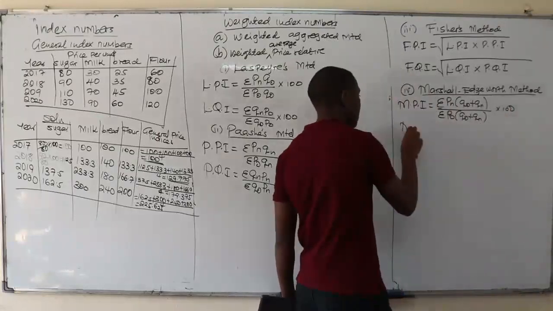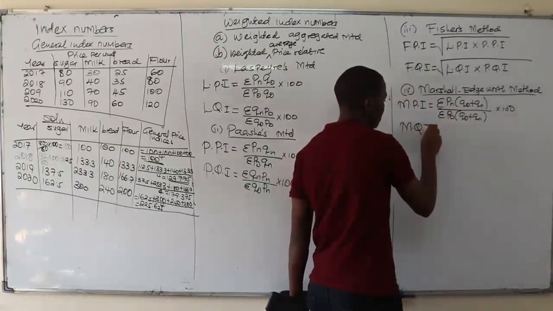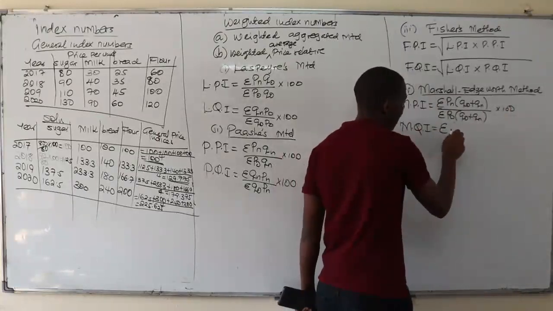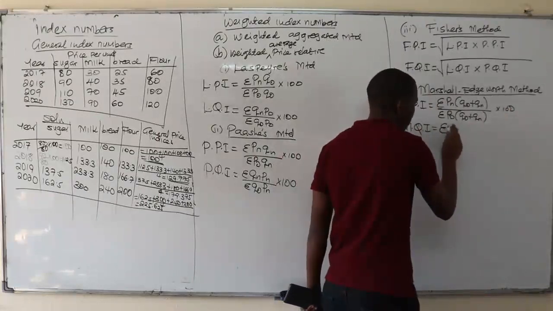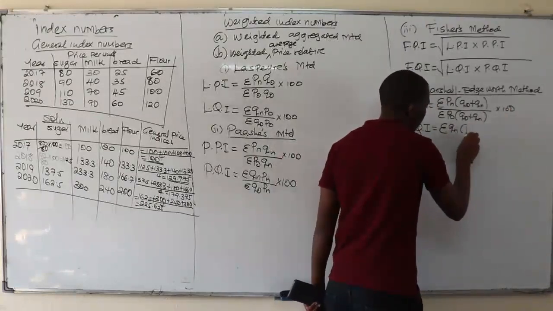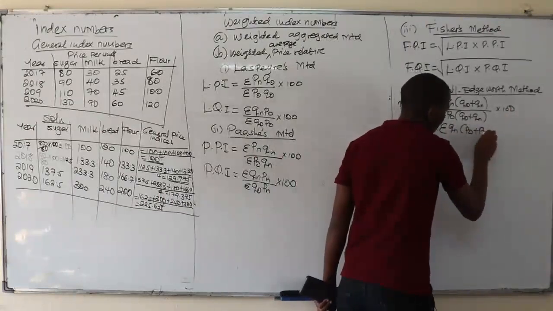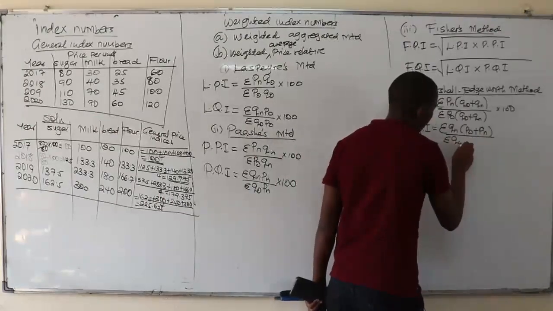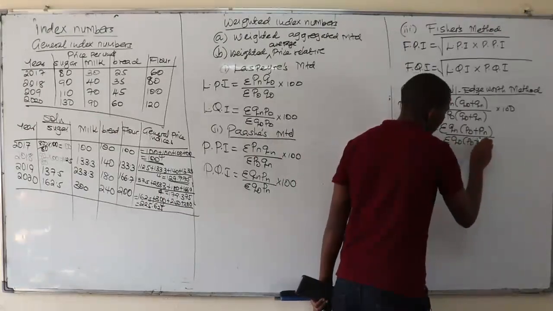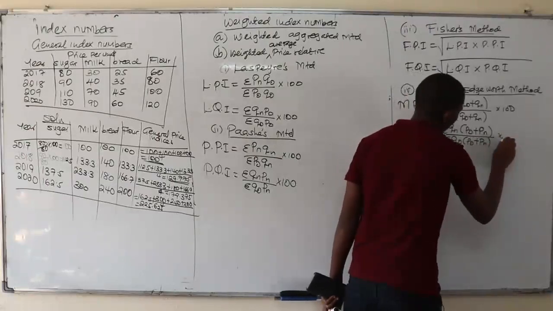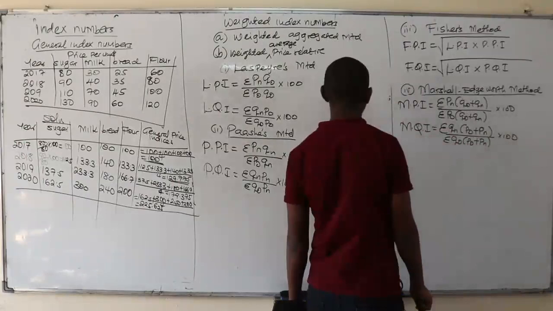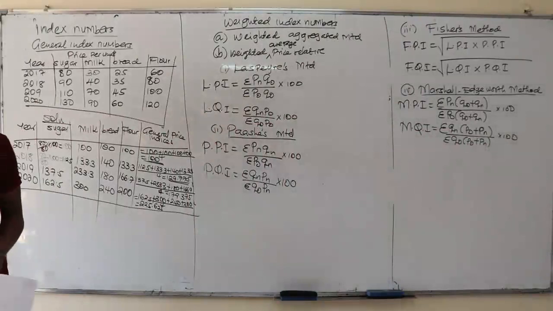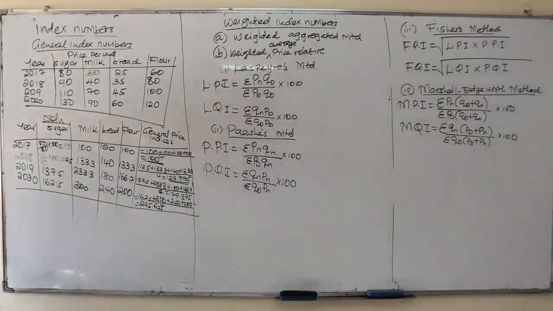If you want to get the Marshall quantity index, it will be given by the summation of Qn (Po plus Pn) all over the summation of Qo (Po plus Pn), then you multiply by 100.